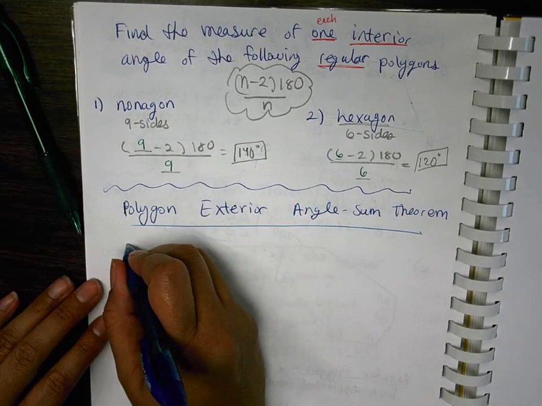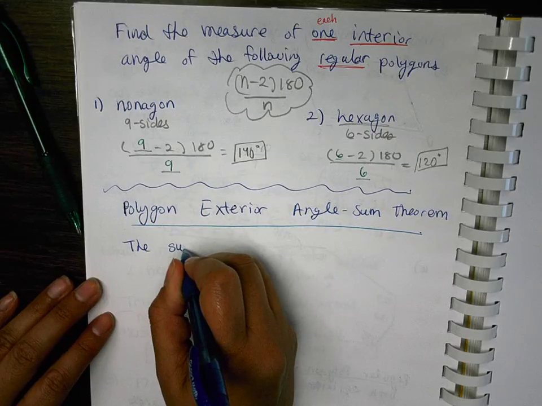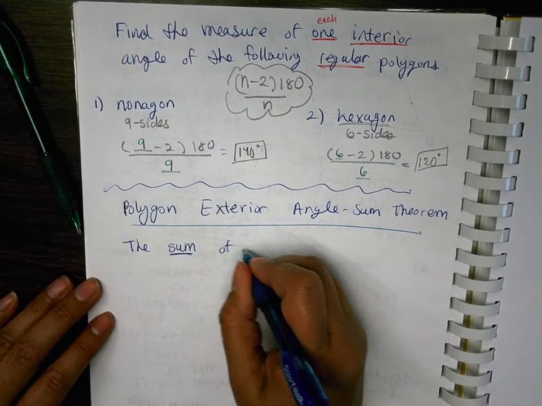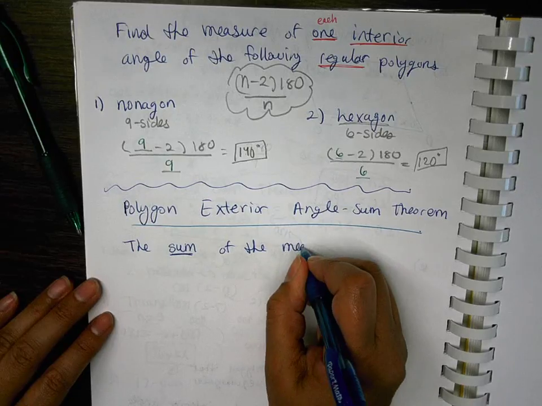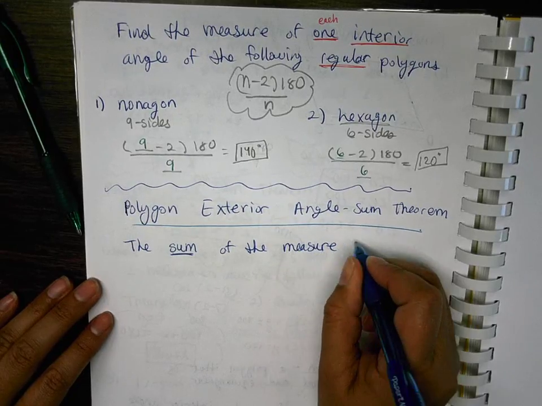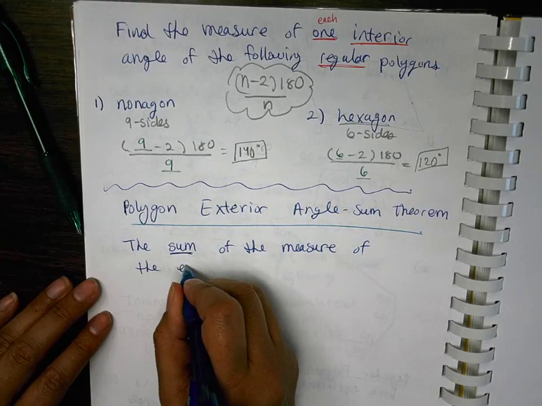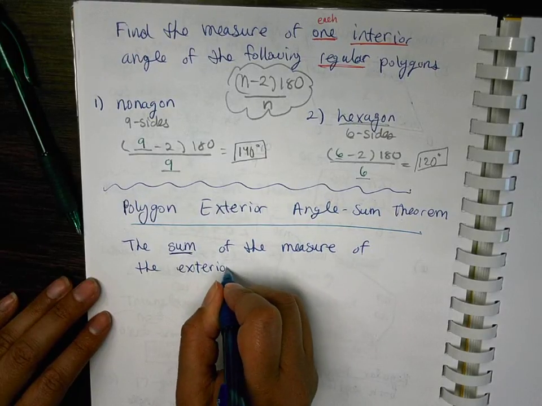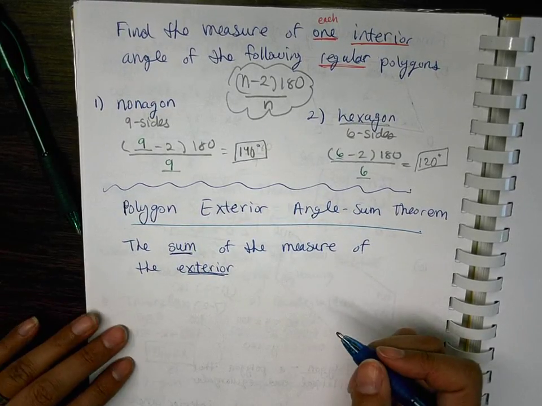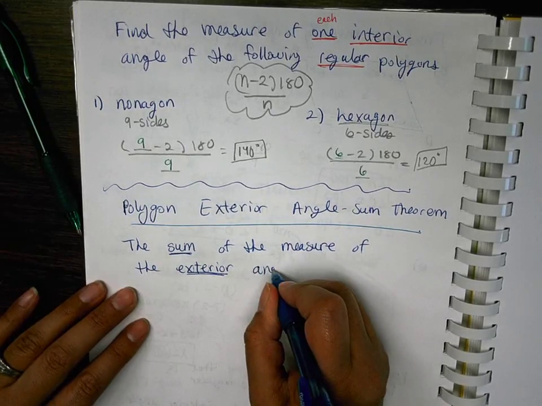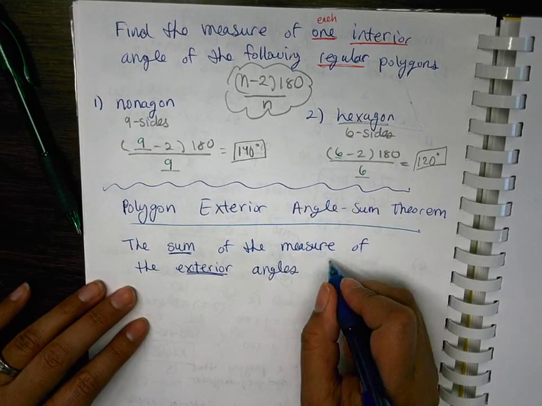Keywords, the sum, not each, the sum of the measure of the exterior, another keyword there, it's no longer interior, it's no longer one, it's sum and exterior angles of a polygon.